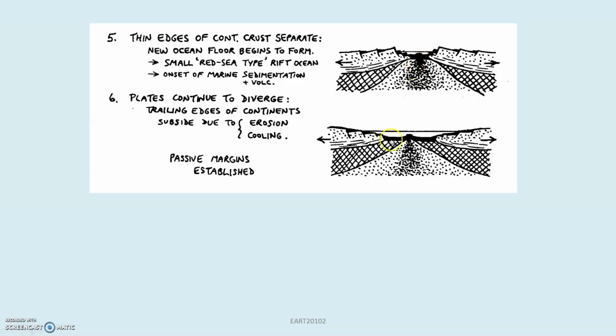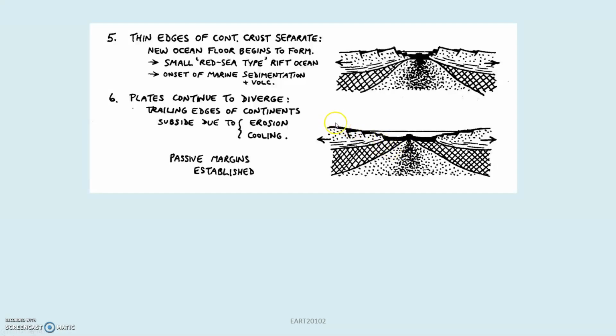If we continue further, we start to have the two continental margins diverging, and we get the formation of a passive continental margin on either side of the ocean basin that is forming. Okay. Also associated with this, as we move away from the rift, this is cooling as the asthenosphere descends deeper as we're moving away from the heat source.